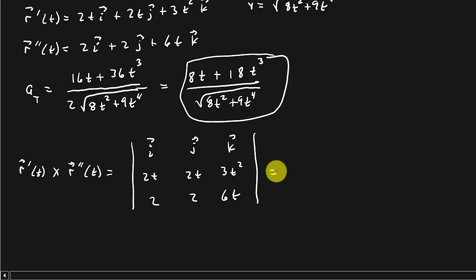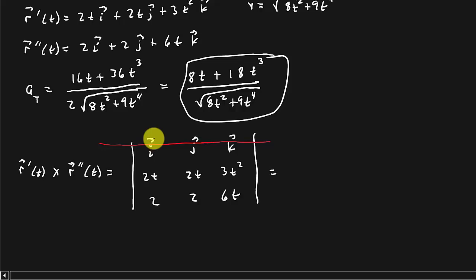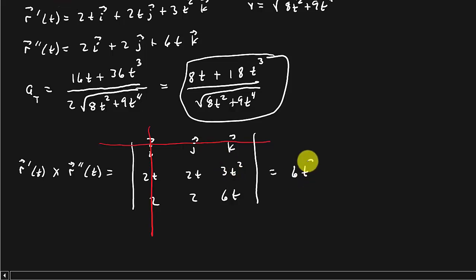All right. So now I'll kind of work through this. So I've got 12t squared minus 6t squared. You see that? So that is 6t squared times vector i.